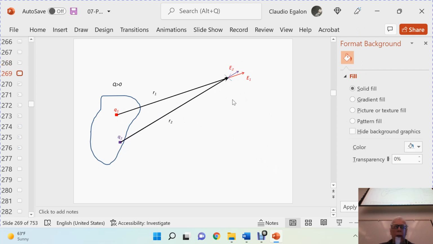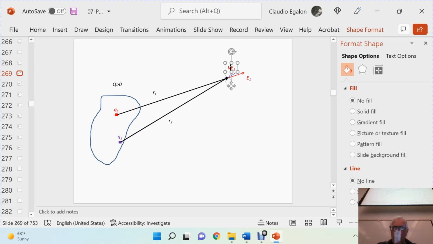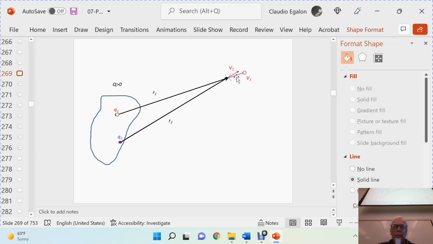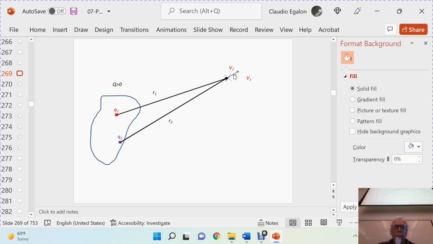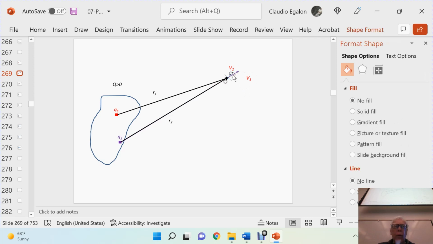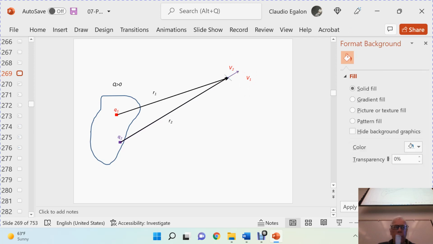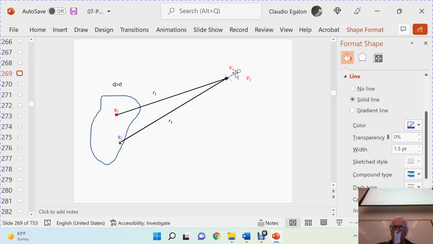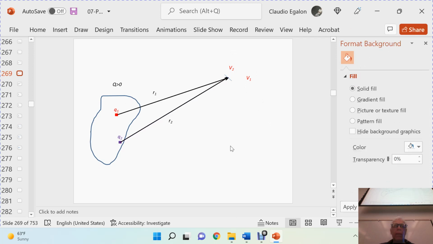The next one contributes another electric potential V2. Again, I don't need an arrow because it's not a vector. Distance R2 and so on.